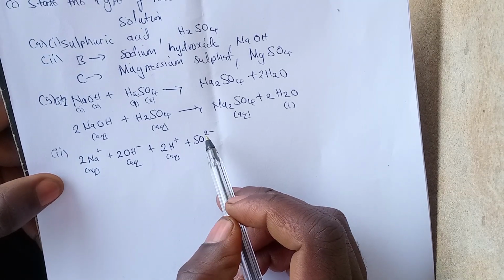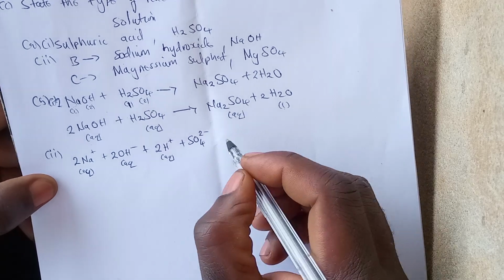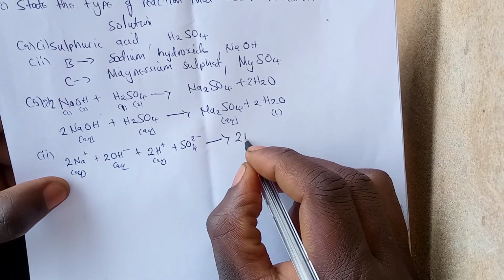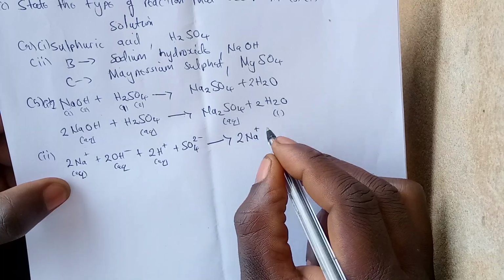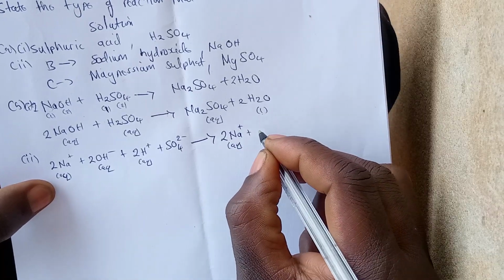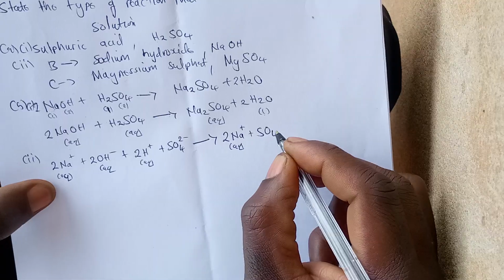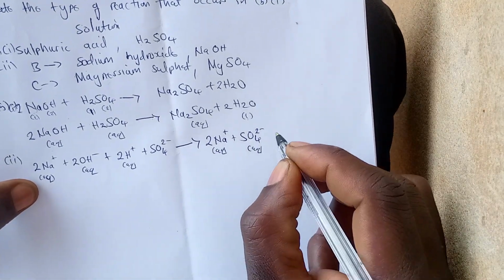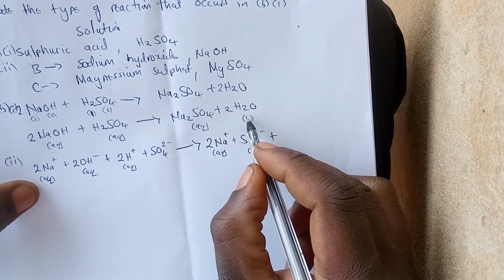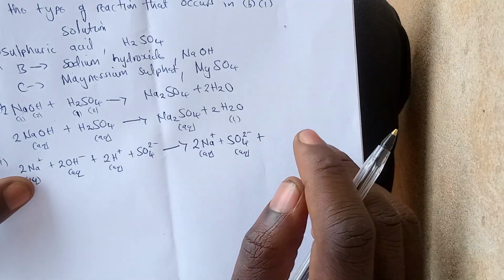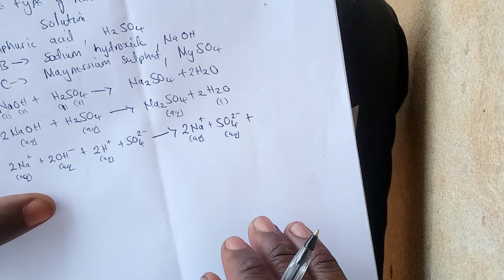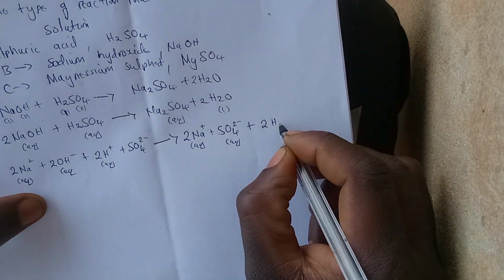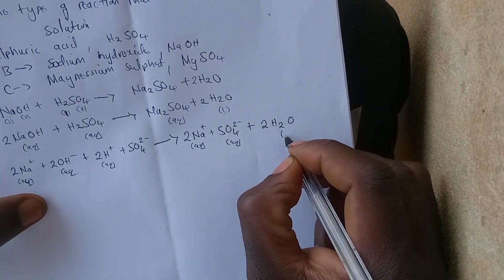The 2 now comes this side for sodium, so 2 Na positive, aqueous, then the sulfate, valence 2, so 2 negative, also aqueous. Then plus we have liquid water. I said we only split the ions that are in aqueous solution, so water we write the way it is, 2H2O in liquid state.